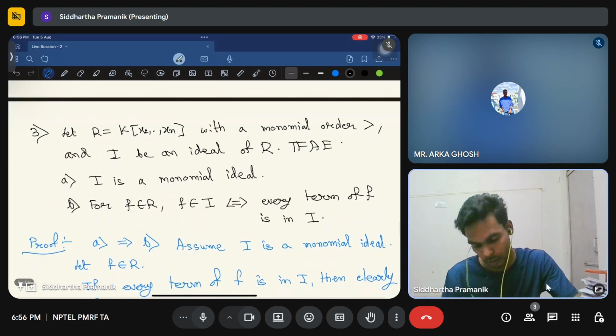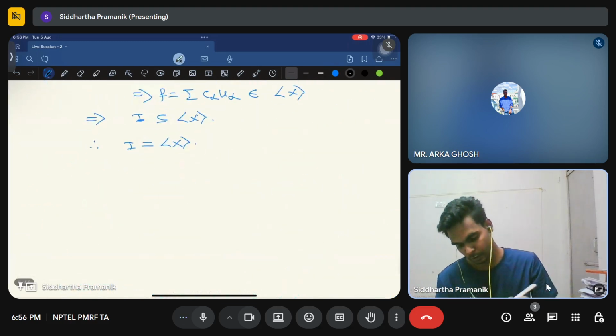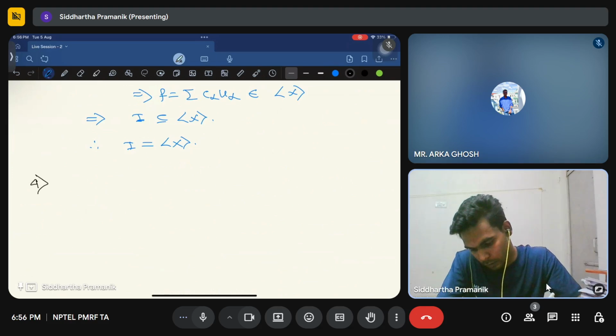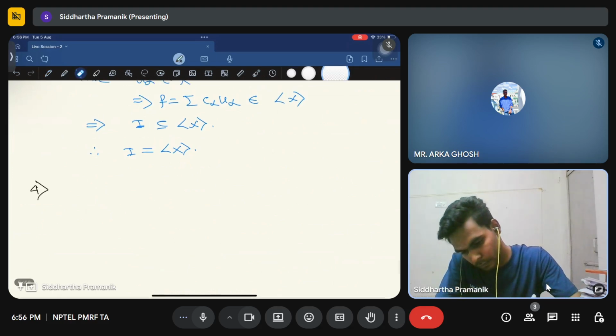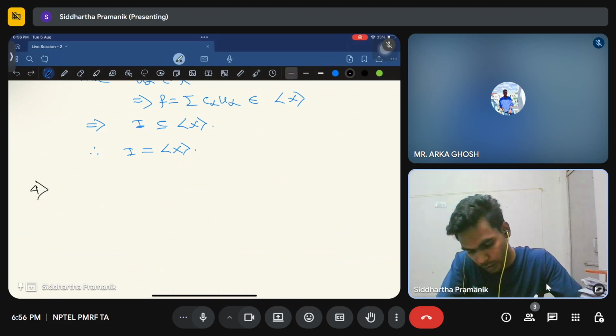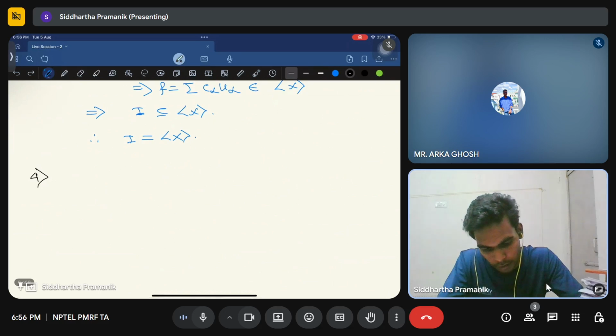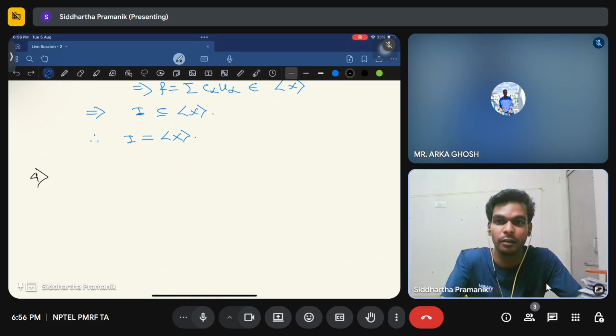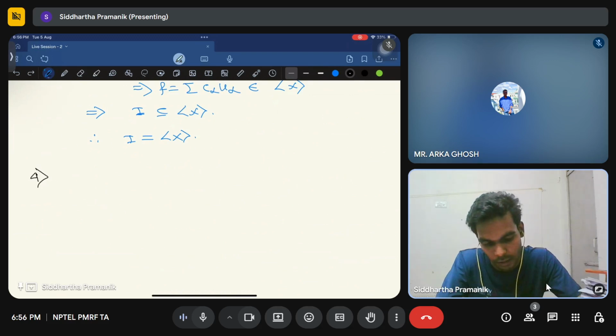Okay, so let's do the next problem. So in Dickson's lemma, we have seen that every non-empty collection of monomials has a minimal set of monomials that has to be finite.